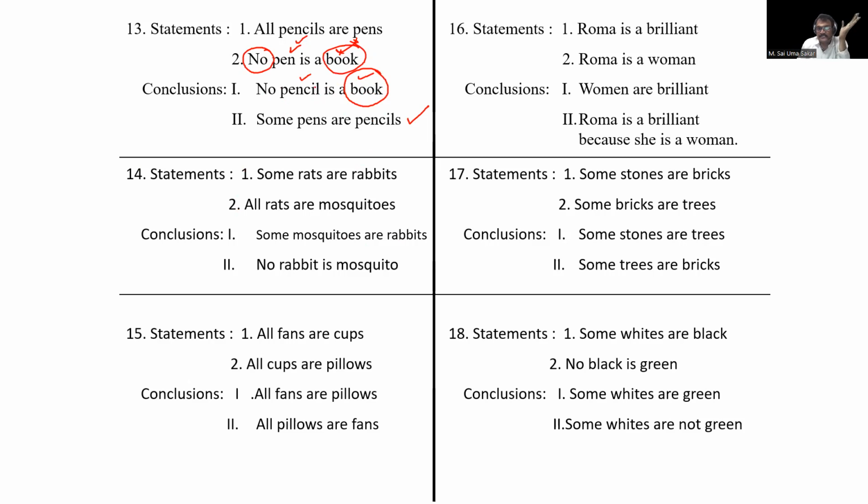And pencil is distributed in the conclusion and the statement as well. So both 1 and 2 are valid. So what is the answer? Both 1 and 2, both conclusions satisfy the condition.